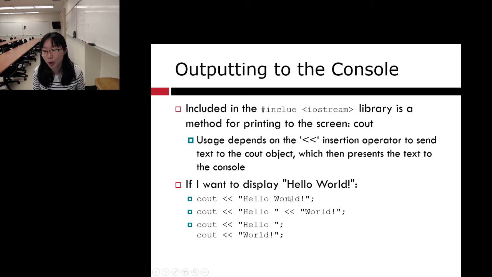For example, hello world in one double quote, or hello and then another smaller sign and world, or cout hello, and in the next line cout world. All three different methods give us the same result. They all output hello world in the terminal, as you saw last week.